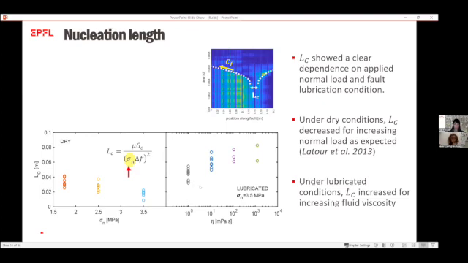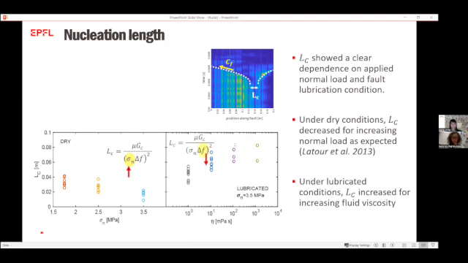Now, what we observed for lubricated conditions was a bit less expected, let's say. And we can see that the nucleation length for the same normal stress of the last dry condition experiment here, so 3.5 MPa, is drastically increased. So it's doubled for water, and then it increased further for higher fluid viscosities.